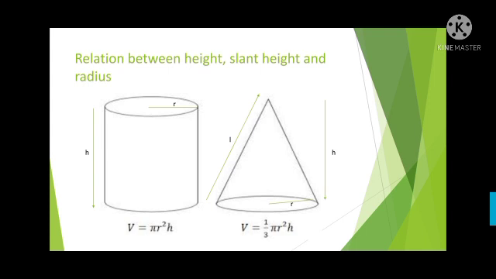So we have used the Pythagoras theorem in this. So L is the slant height, which is the hypotenuse, then the vertex and center of the base circle is one side, and the second side is the radius from center point to the point on the circumference.